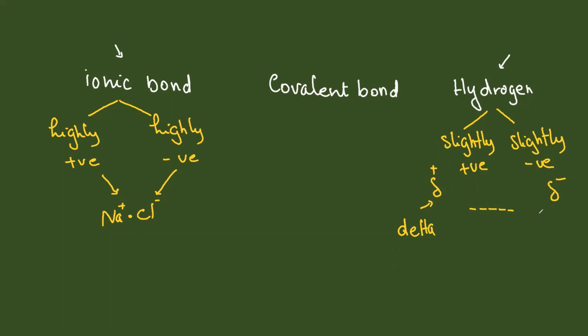Now, what about covalent bonds from your chemistry? It is sharing of electrons. So if I have delta, no, it's not a D. It's a Greek letter that looks exactly like this. It's not an S, okay?